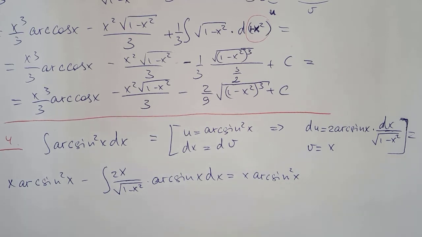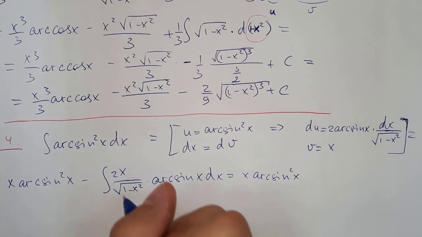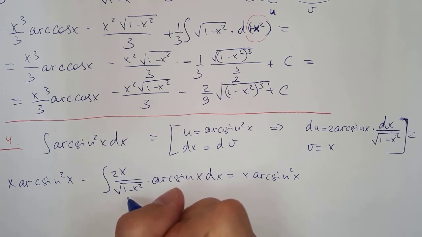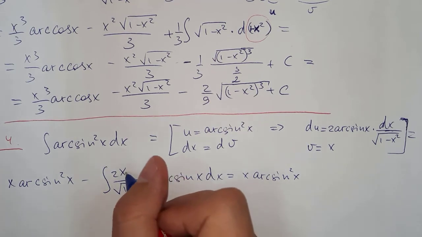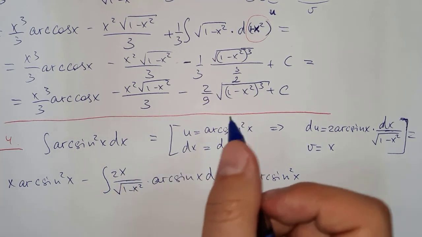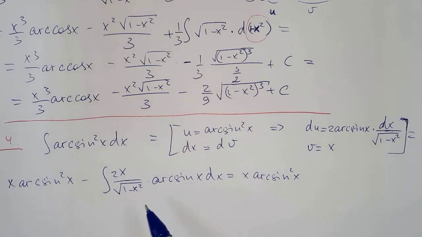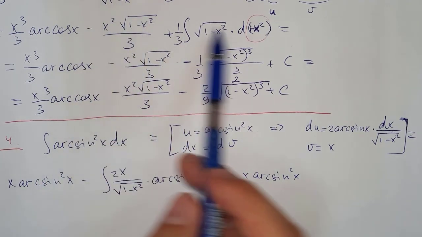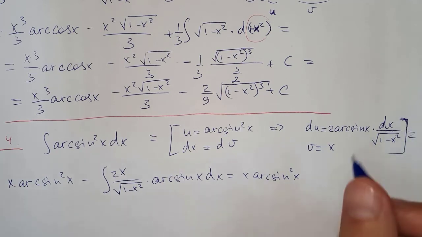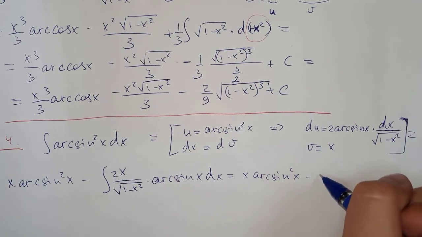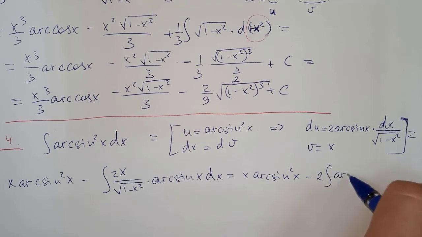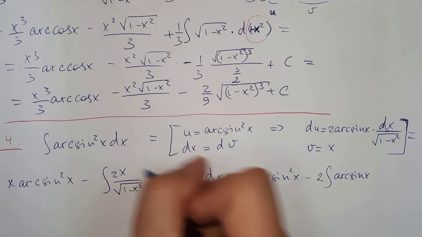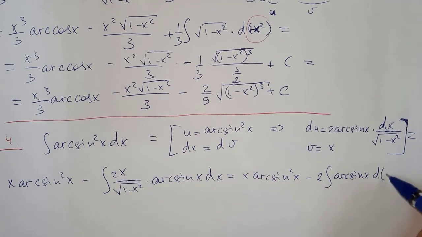We did this kind of work in our previous example. So minus 2 integral arc sine x, and this one gives us in differential d square root of 1 minus x squared.